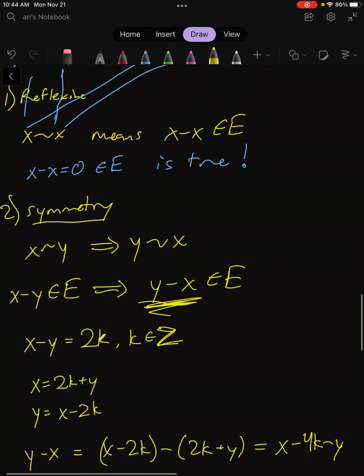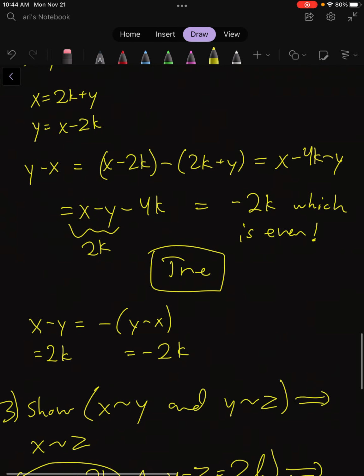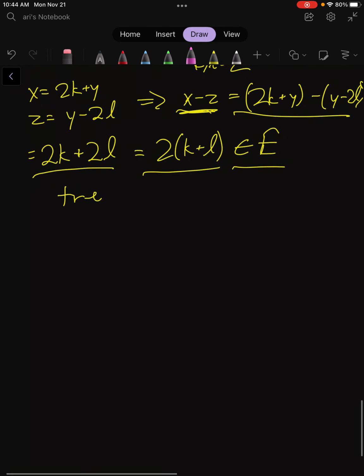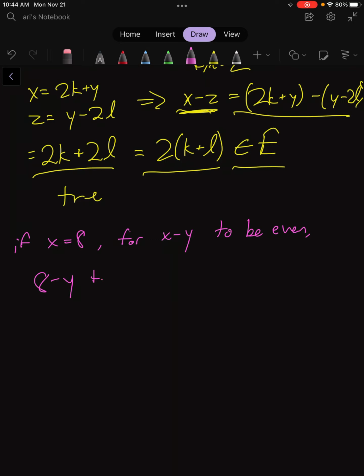Remember earlier how I was talking about if x is 8, for example, if x equals 8, for this statement to be true, for x minus y to be even, we just need 8 minus y to be even, which means we have 8 minus y equals 2k for some k in Z, and 8 minus 2k equals y.